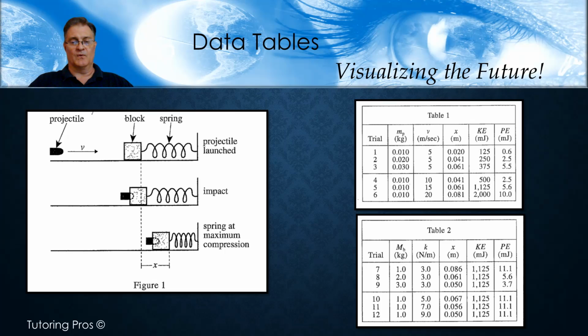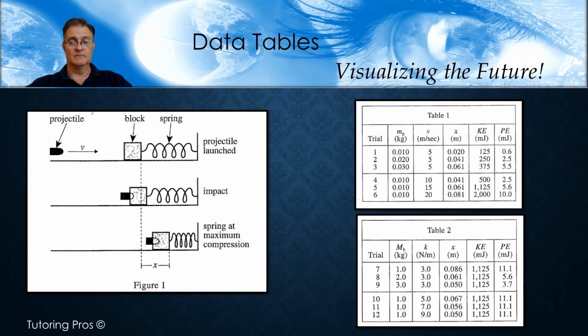Okay, look at trials 4, 5, and 6. What are we changing now? We're changing velocity. Notice in trial 4, 5, and 6, we start at 10, increase to 15, and then increase to 20. But the mass of the bullet is staying the same. Now, if we increase the velocity, would we expect the distance that the block and spring compresses to increase?